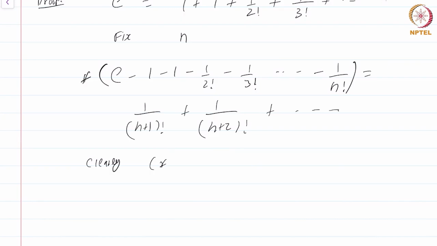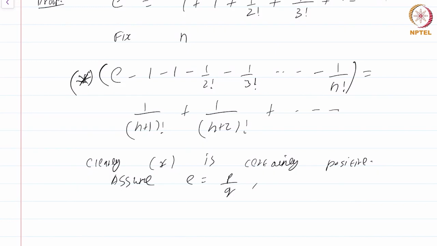Star is certainly positive. Okay, now assume e equal to p by q, p comma q coming from the natural numbers. I'm going to get a contradiction. I'm going to assume that e is rational and somehow arrive at a contradiction.